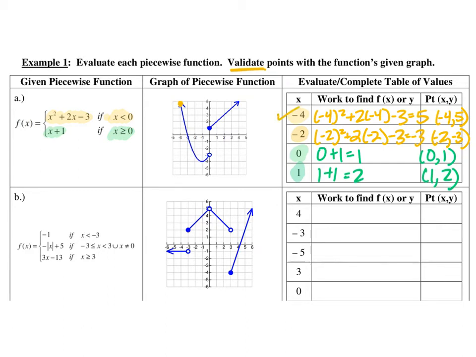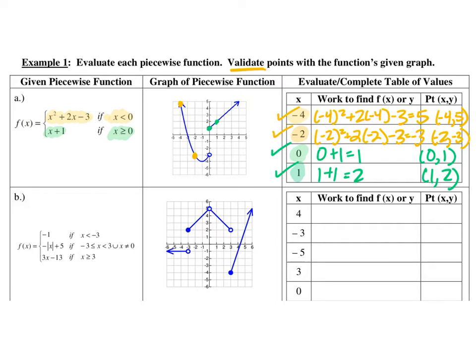So that one works. -2, -3, that one also falls right here on the graph, so that one works. 0, 1 falls right here, so that one works. And then 1, 2 falls right here, so that one works. So we validated all of our points. They all fall on the blue parts of our graph.